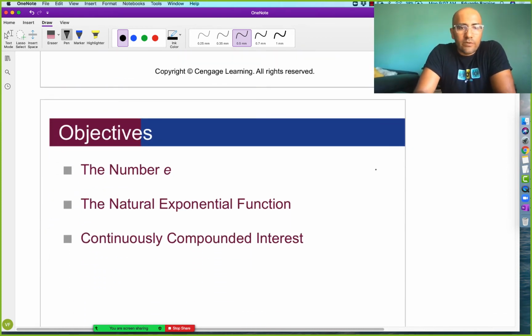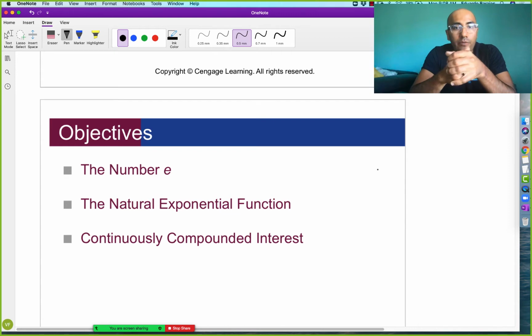So in this section, we're going to cover the number e, a very, very important number in math, in calculus, in just about everything in our lives, really. There's a few things in math that are kind of niche and don't really impact our lives in many ways, but e is definitely a very impactful development in math.